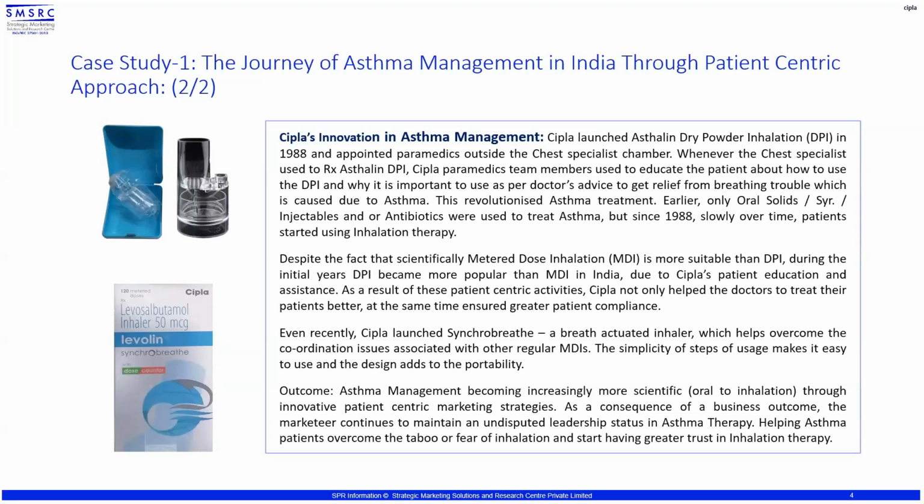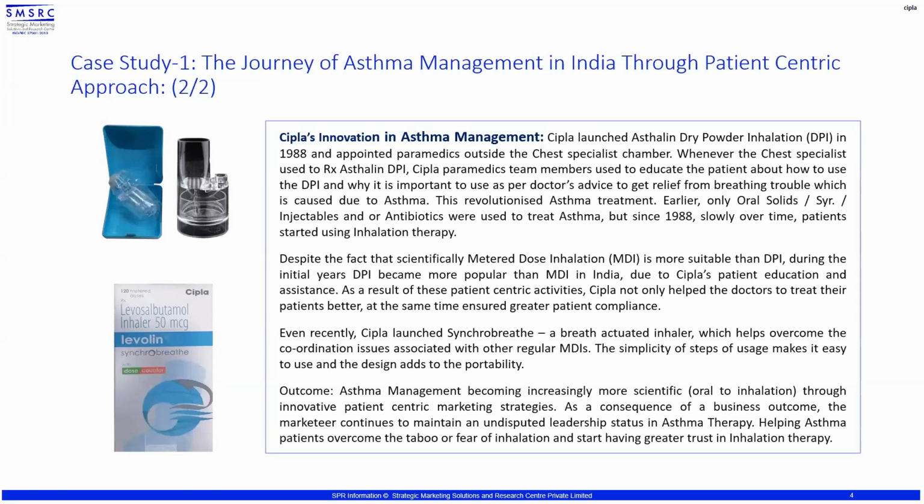That is how Cipla started educating patients one by one in all chest specialists' or renowned chest specialists' chambers. And that is how the shift from oral treatment of asthma started moving towards DPI and MDI. Despite the fact that scientifically metered dose inhalation is more suitable than DPI, during the initial years, DPI became more popular than MDI in India due to Cipla's patient education and assistance.